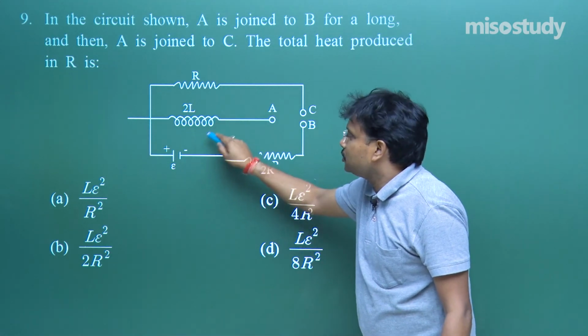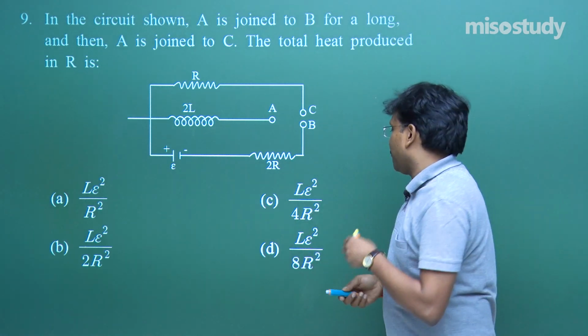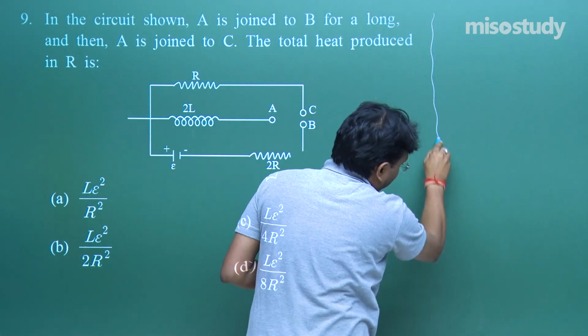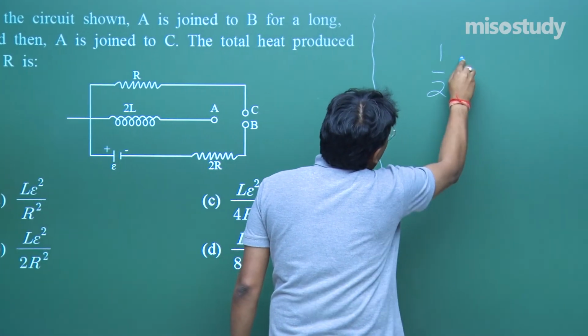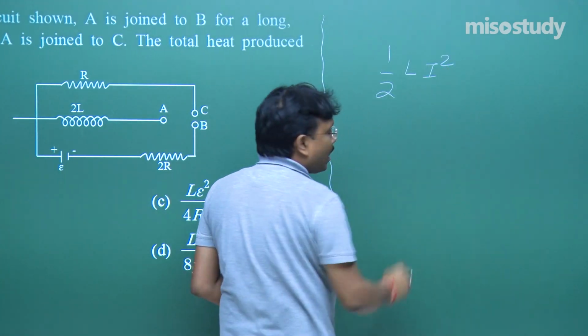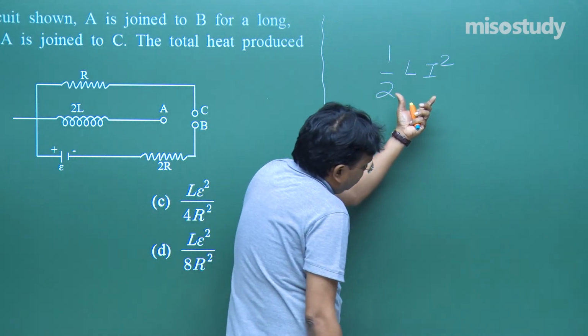The total energy stored over here is the total energy produced over here, in the ideal condition. That is half L i square. Not a difficult aspect. This is the total energy stored in the inductor.